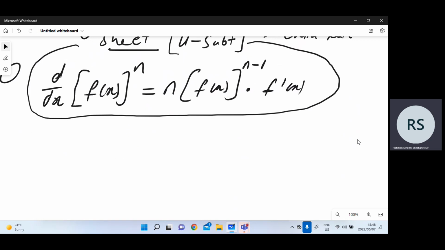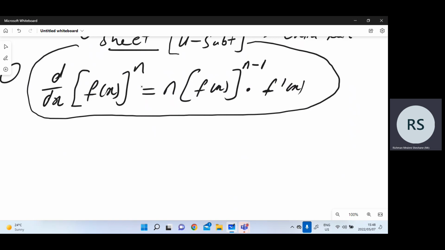Why? Because we're deriving the box, and we have inner functions. I'll show you the forms of all the inner functions. We have some function that is to the power of n. Inside that function, we have f of x. So we take the outer function as a box, and we derive the box multiplied by the derivative of the function that is inside.